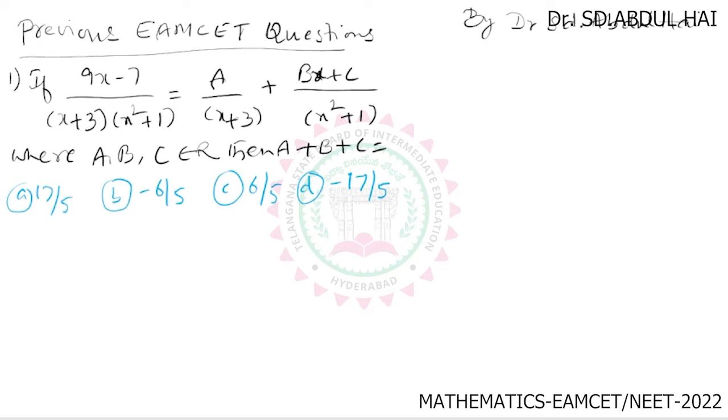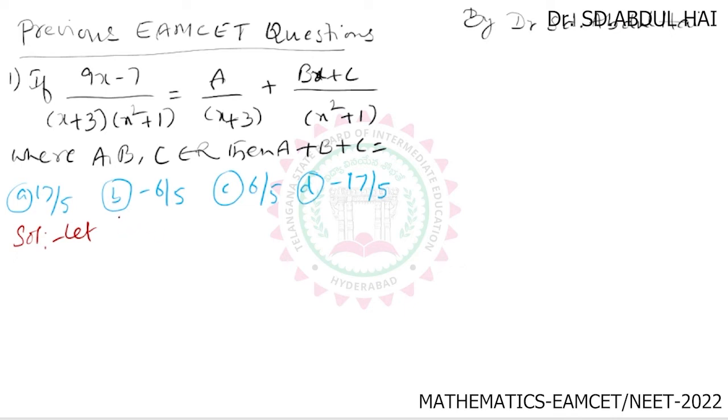So you know that there are two factors. One is linear, and there is a quadratic. Okay. So therefore, what is the substitution? Already it has given a by something plus (bx plus c) by (x square plus 1). So for linear, the substitution is a, whereas for the quadratic, the substitution is bx plus c. Okay.